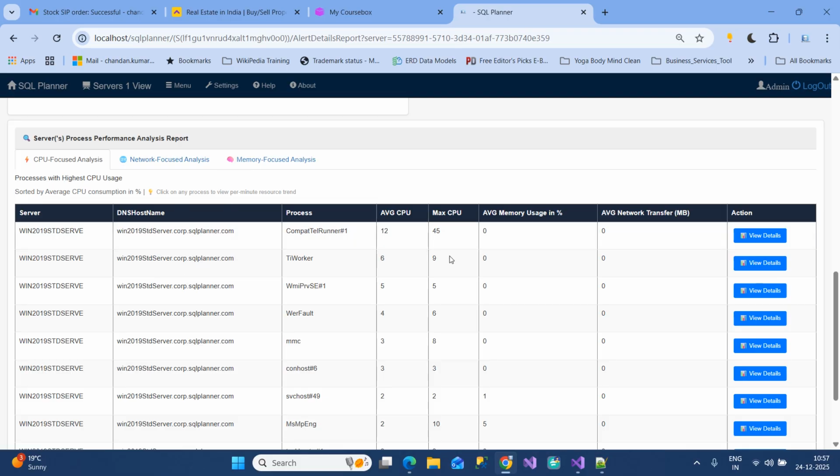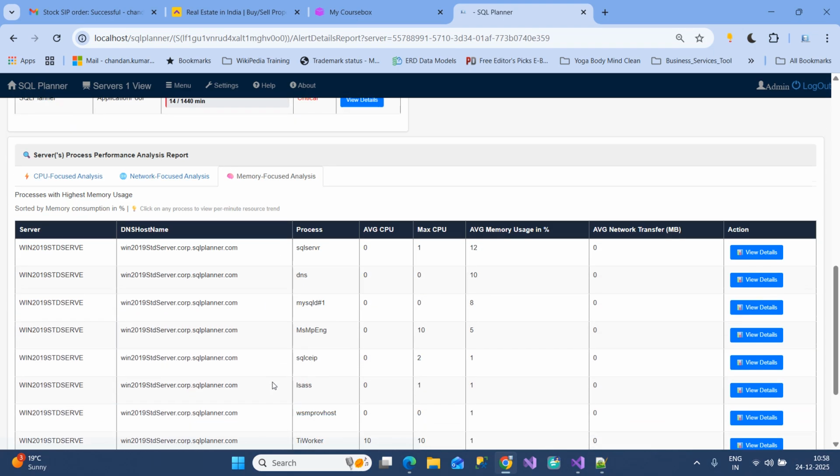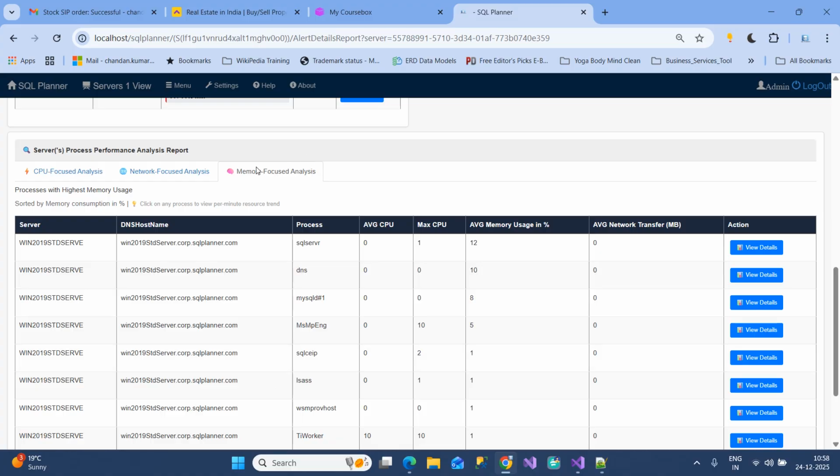It tells you which has the highest CPU consumption, and if you go to network focus, it shows the services that consumed the highest amount of I/O activity. Currently nothing, which means nothing went more than 0 Mbps. Here you see memory-based services that consumed the highest.